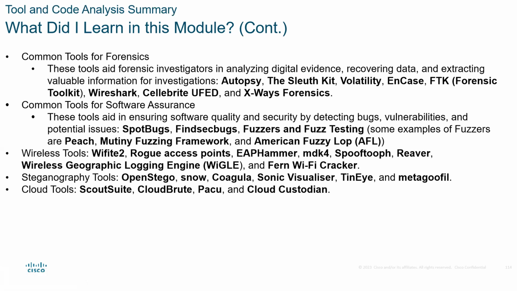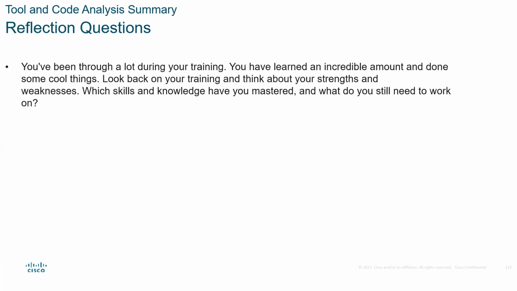So some of these, you could use them for digital forensics. For quality assurance, you could use these as listed. For steganography, you could use OpenStego, Snow, Kali Linux. These tools are classified so that in your learning journey, in your toolkit, you could pick what works and use that for whichever case study that presents itself.